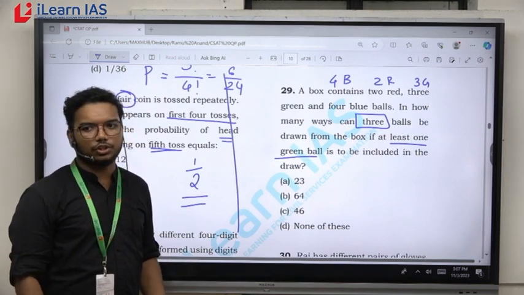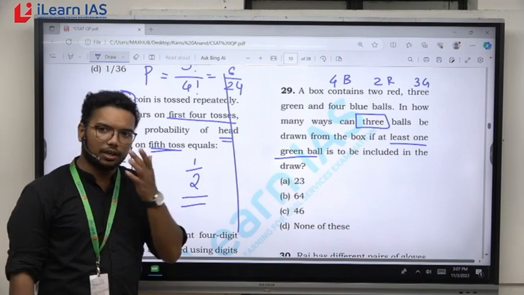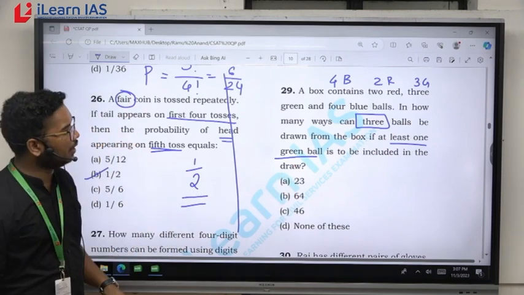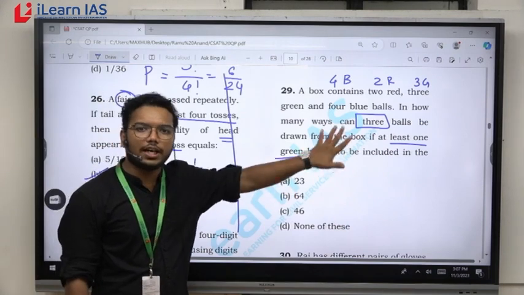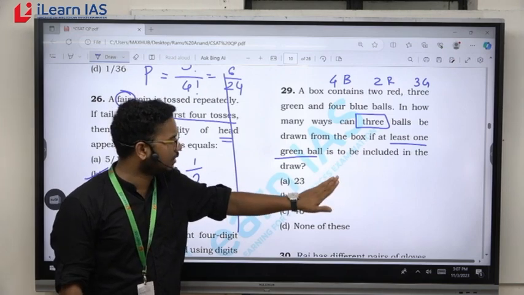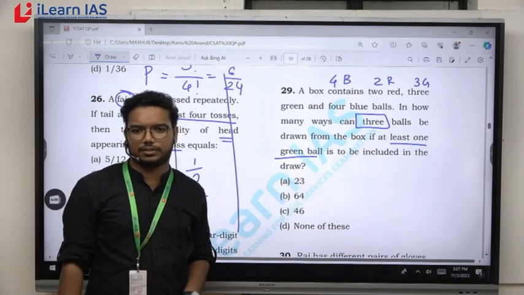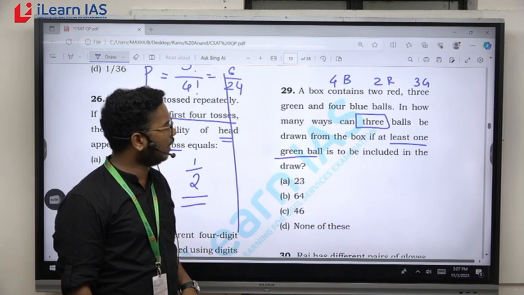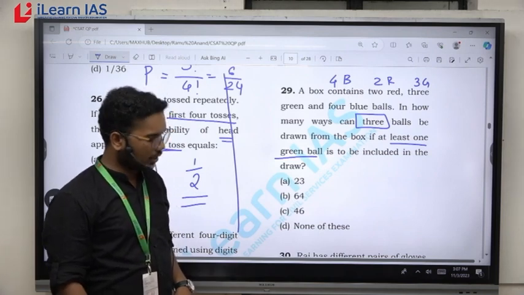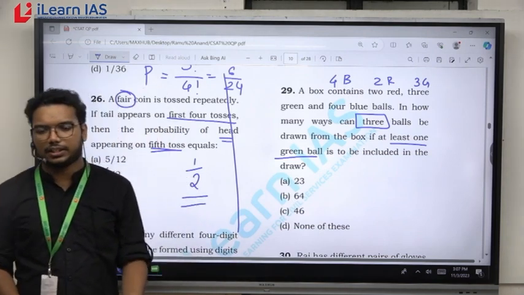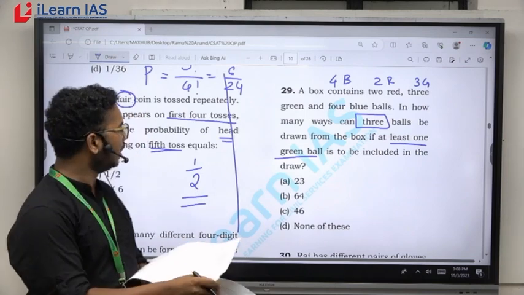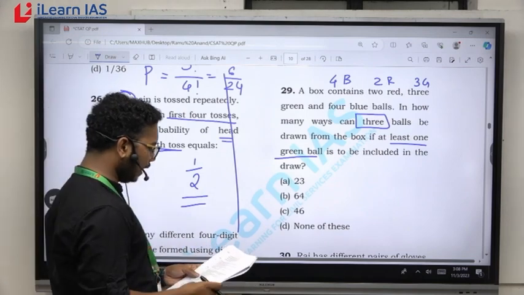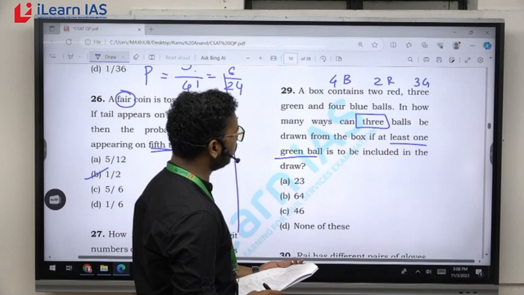At least ആണ് ചോദിച്ചിരിക്കുന്നത്. So at least കണ്ടുപിടിക്കാനുള്ള ഫോർമുല എന്താണ്? At least കണ്ടുപിടിക്കാൻ we need to just find the total number of ways minus green ball select ചെയ്യാത്ത ways. Okay, total number of balls എന്താണ്?